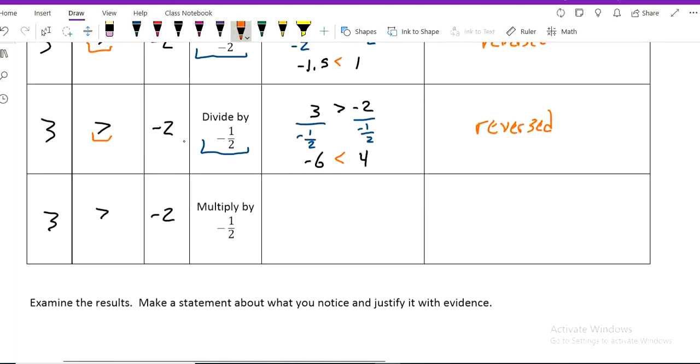And lastly, let's do this last one. We have 3 greater than -2. It's telling us to multiply by -1/2.